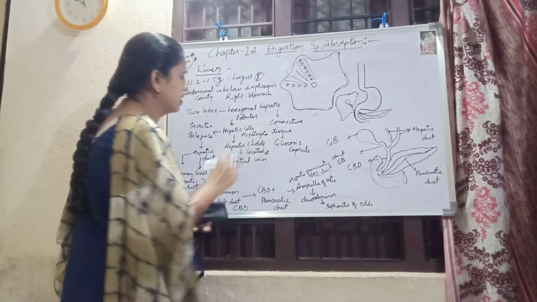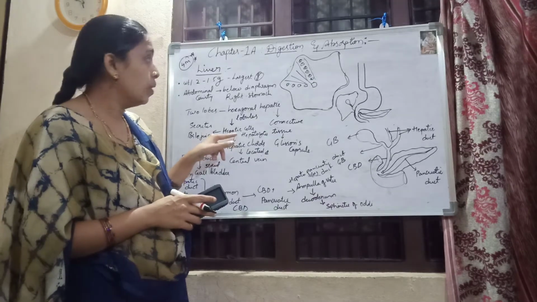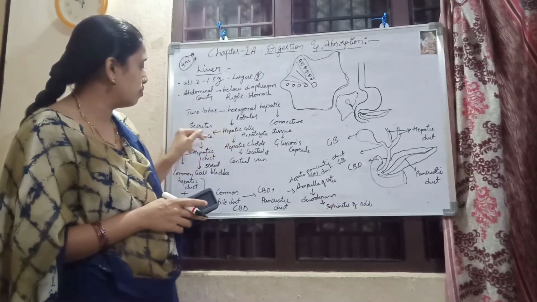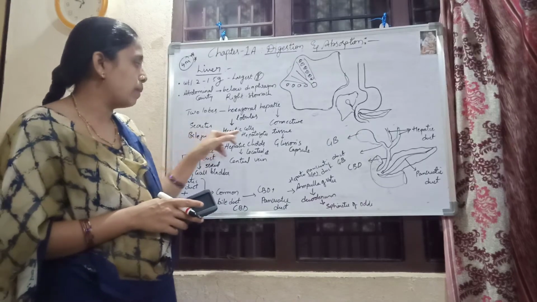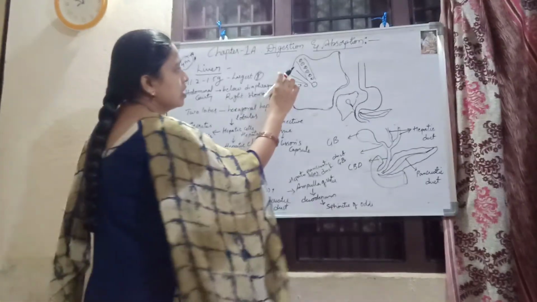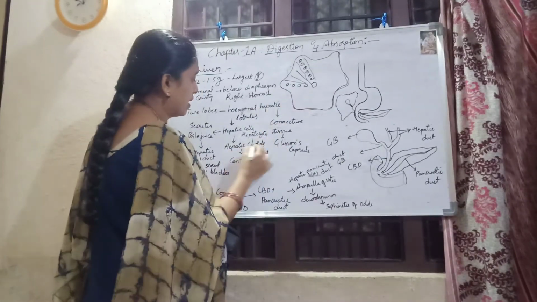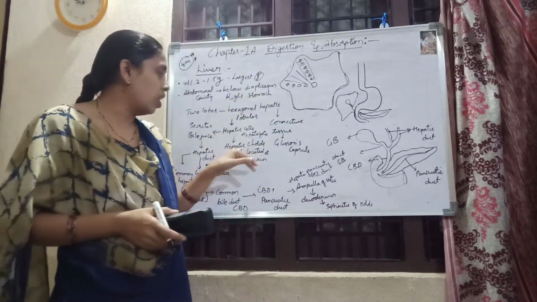These cells play a very important role in the production of bile. What do they produce? Bile. Bile is produced by hepatic cells, and these cells are arranged in columns called hepatic cords.